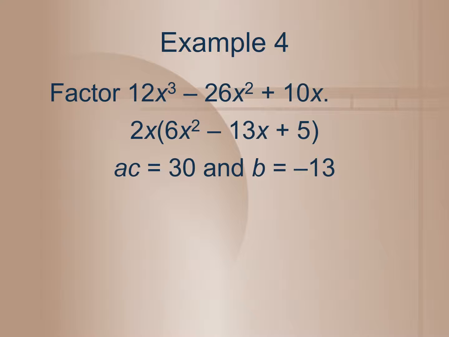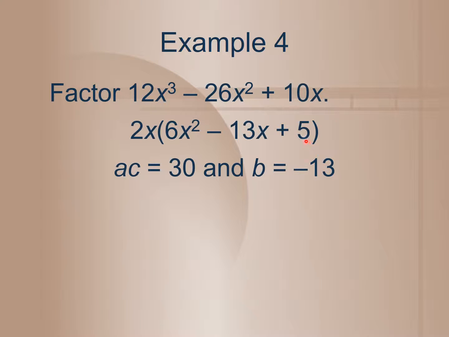Let's see, I know 10 and 3 multiply to 30, and in order to add up to a negative number but multiply to a positive, both of them have to be negative. So we'll have negative 10 and negative 3. So negative 10 times negative 3 is positive 30, but negative 10 plus negative 3 is negative 13. So that's going to work. So our two factors are negative 10 and negative 3.